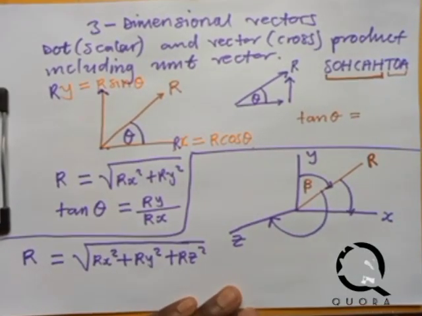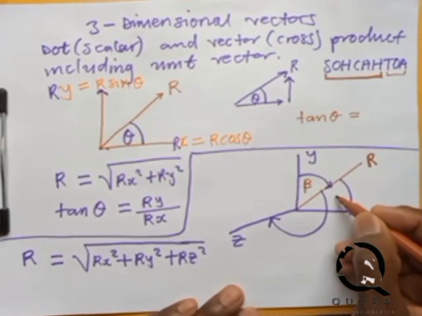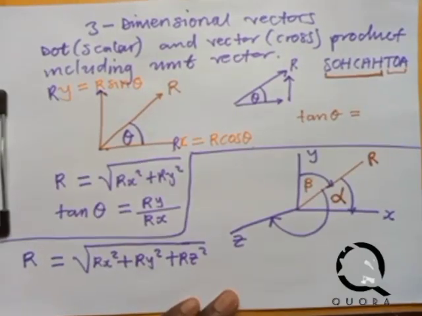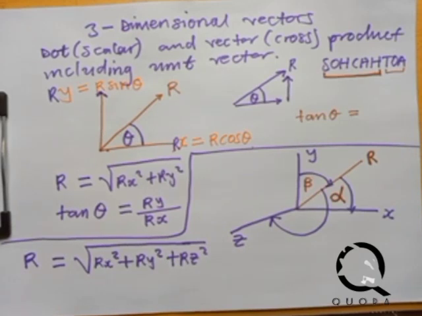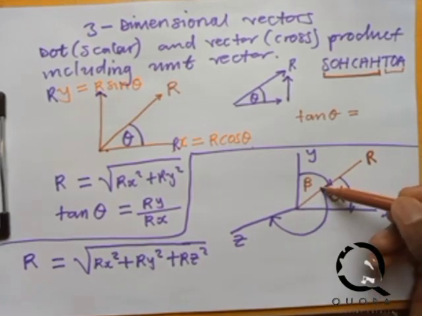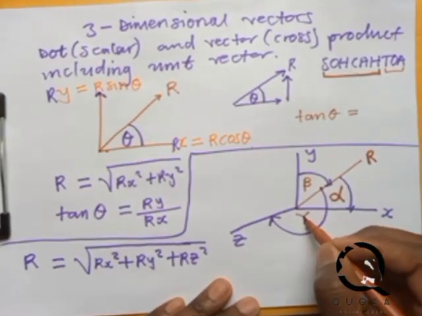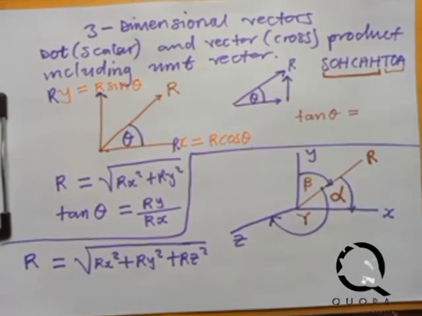The angle which is made between the resultant and the x component, we call alpha. The angle which is made between the resultant and the z component, we call gamma. So we find the angles with reference to every component from the resultant.